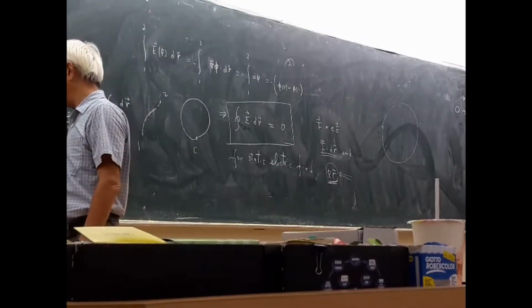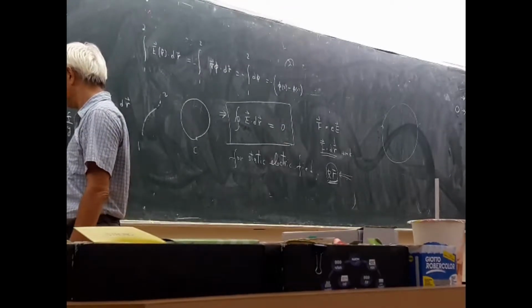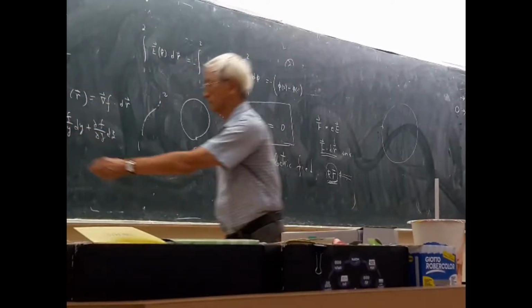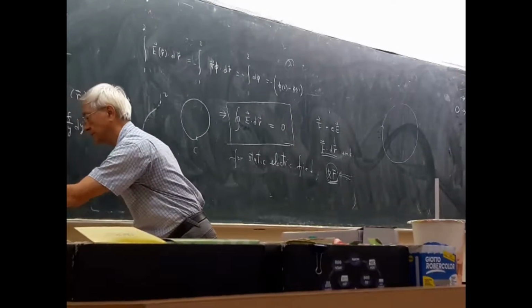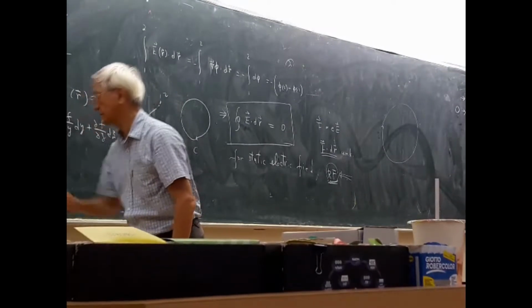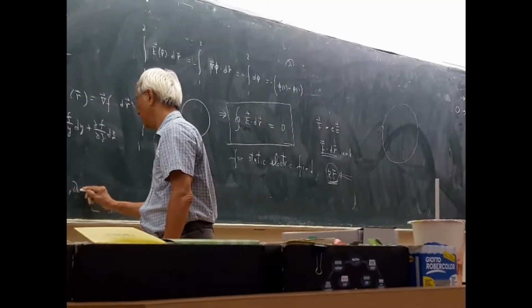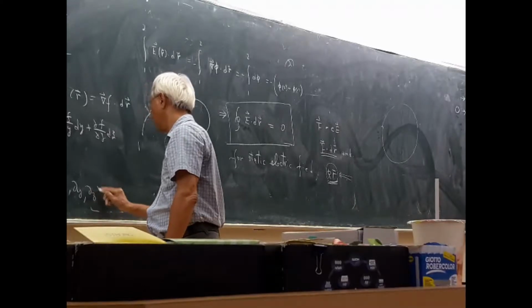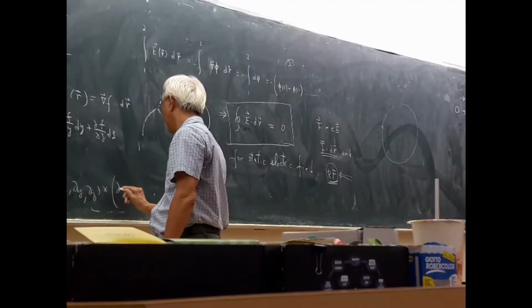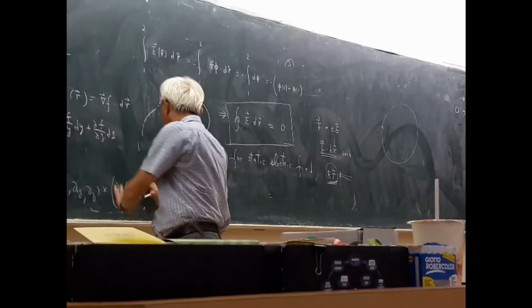Now, this is the gradient of phi, right? Cross terms, and write it with a minus, minus the cross of the gradient with the gradient of phi, the same phi.